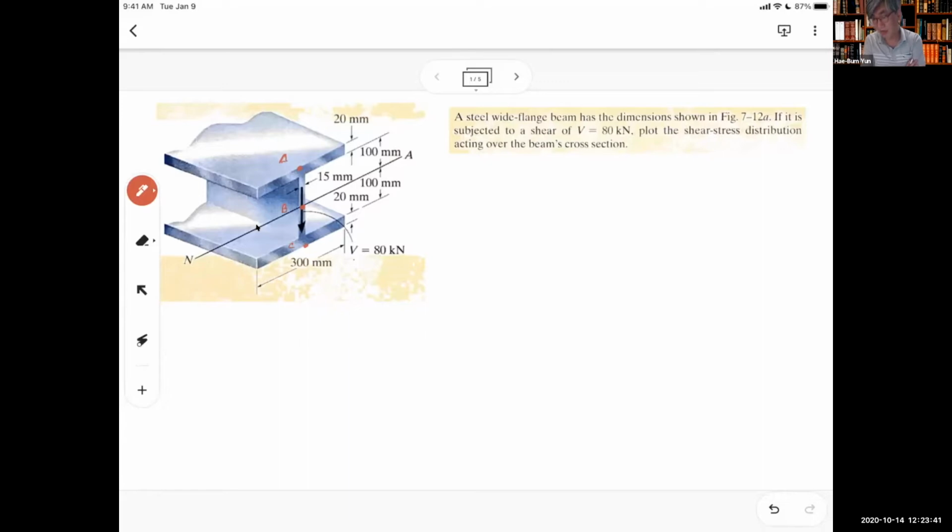Eric says B. B since y is equal to 0. So you are correct. We're going to have the largest shear stress at B, which is at the neutral axis.